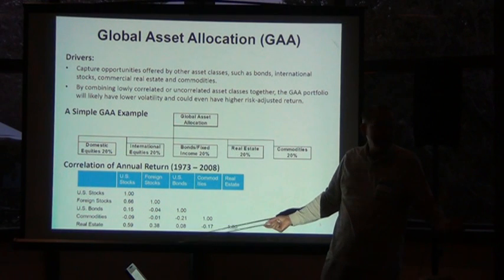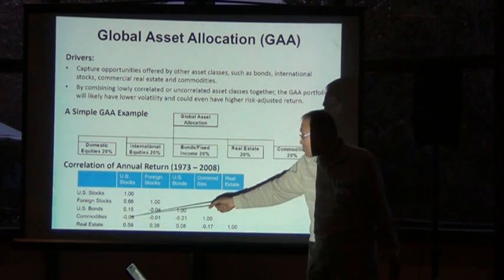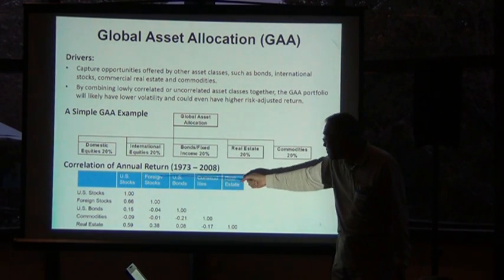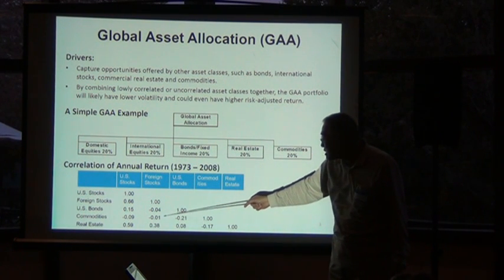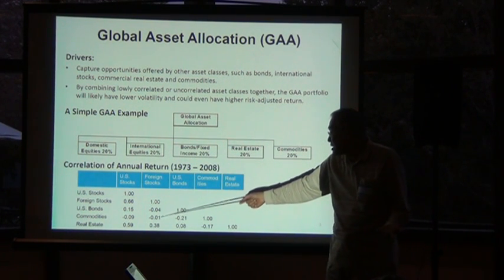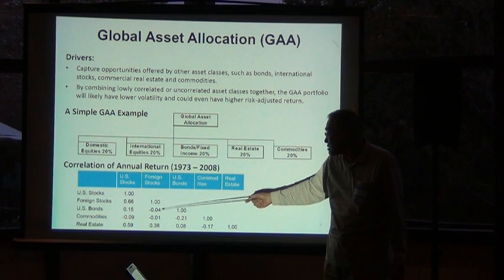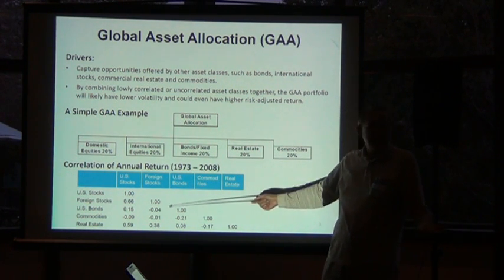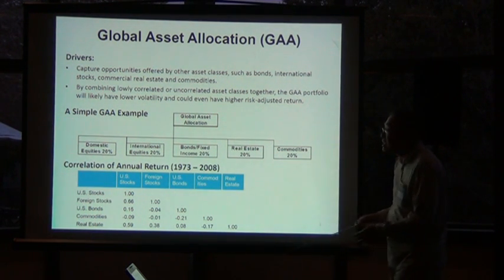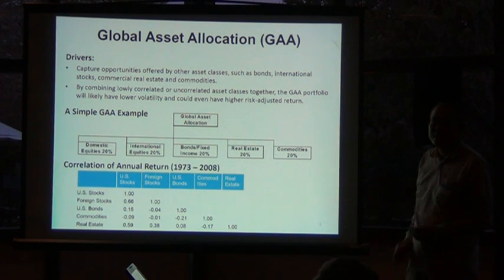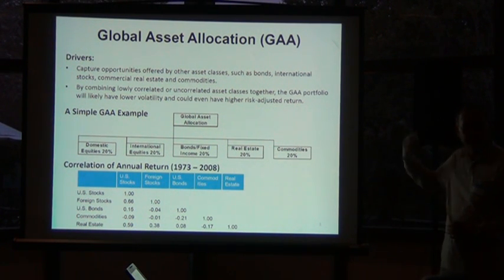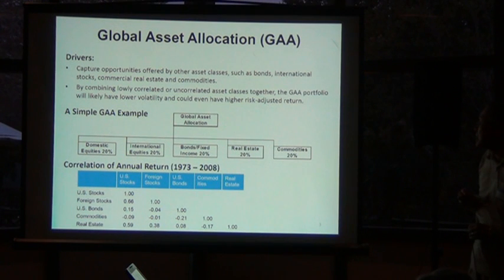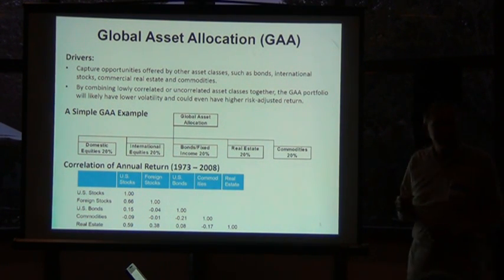So they are not correlated, actually negatively correlated. Foreign stock to commodity essentially has no correlation. Foreign stock to US bond, negative correlation. So by combining these asset classes together, we can certainly expect to have low volatility, and maybe we can even have a higher return.